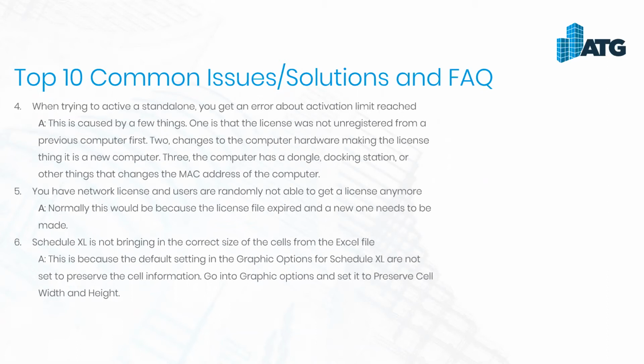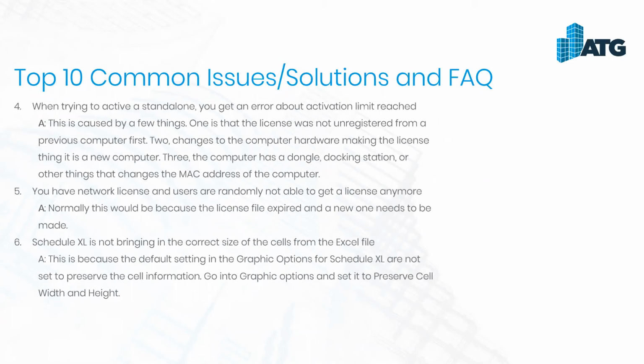And another one we've been seeing is clients are using certain things that affect the computer and what the software uses for the activation. Sometimes if you're changing anything of the computer, that's the biggest one, is you change the hard drive or you change the motherboard or you change the NIC card. That's going to affect the activation because that's what the software is using to register it.